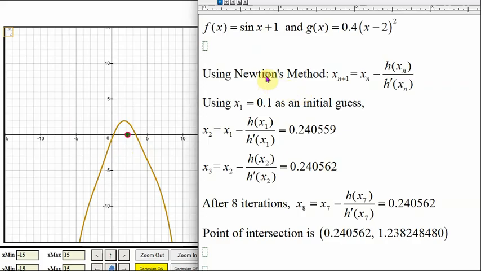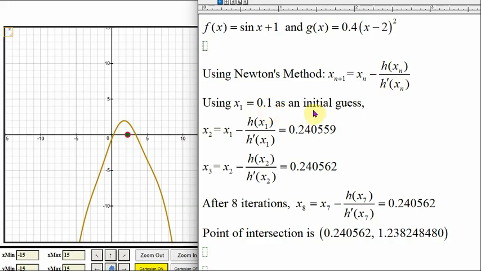The formula for Newton's method is x sub n plus 1 equals x sub n minus h of x sub n divided by the derivative of h of x sub n. Since this looks like it's about 0.2, we'll use an initial guess of 0.1.